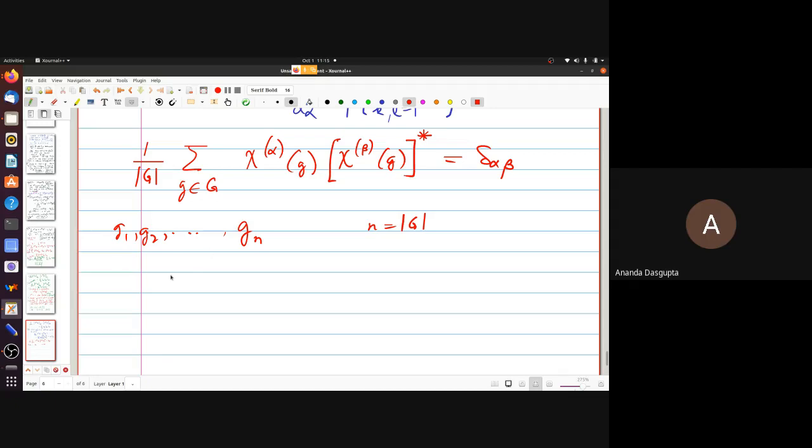If you form, for all the irreducible representations, a vector, first of all, by taking chi alpha G1, chi alpha G2, up to chi alpha Gn, you form this vector, which is of course a simple row vector with n elements. And I do it not only for the representation alpha, I also do it for the representation beta.